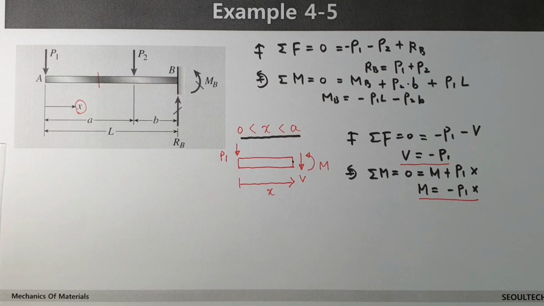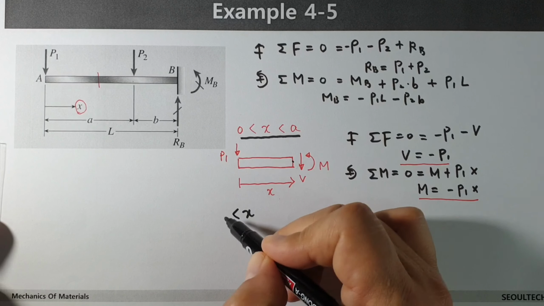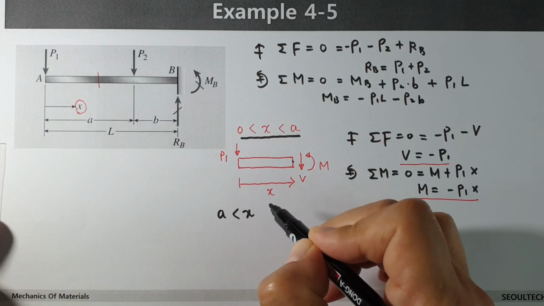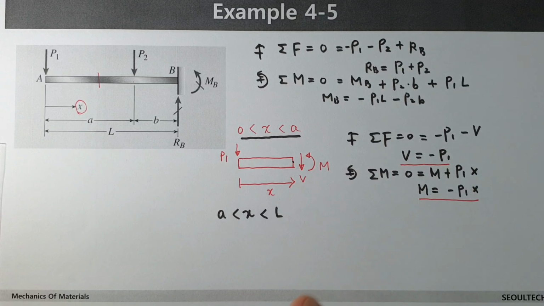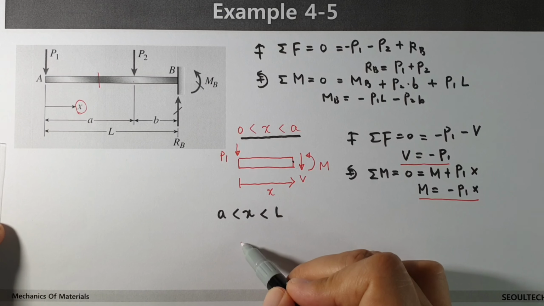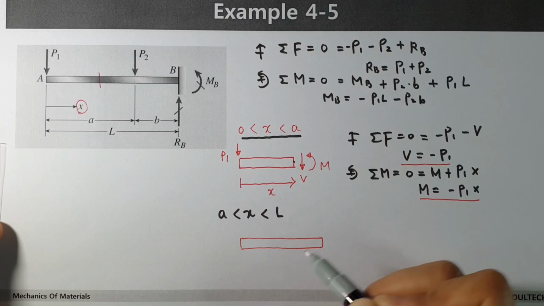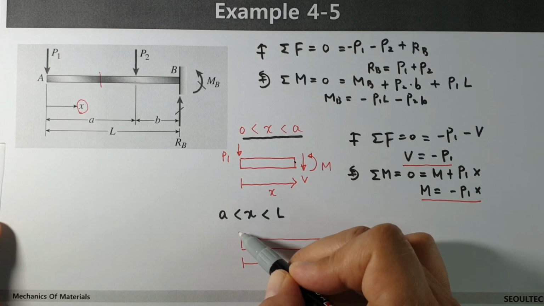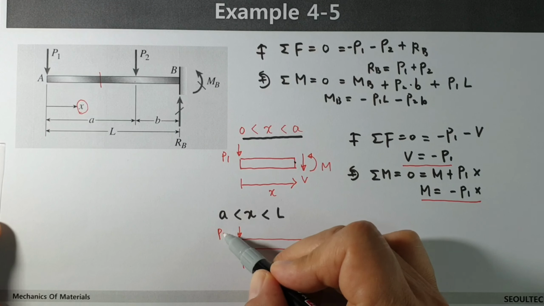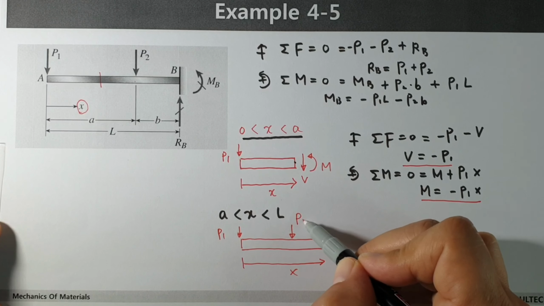Next, let's consider x located somewhere between a and L. When the free body diagram is considered, it is slightly longer, with distance x, and here P1, and somewhere here P2.